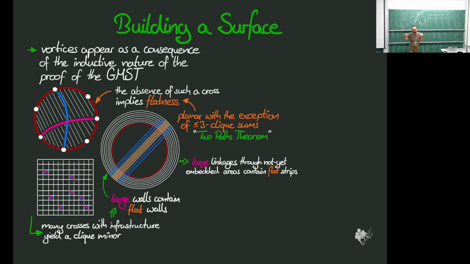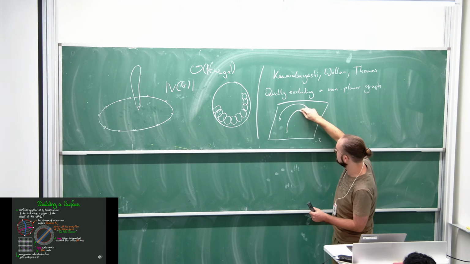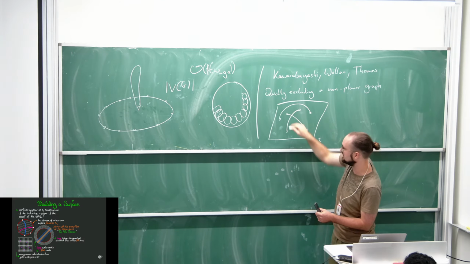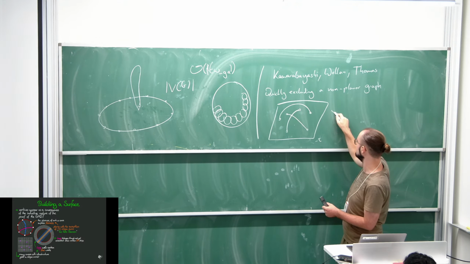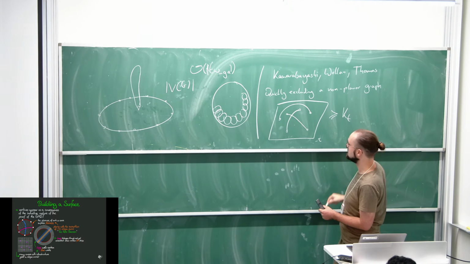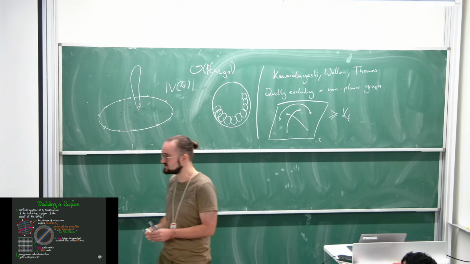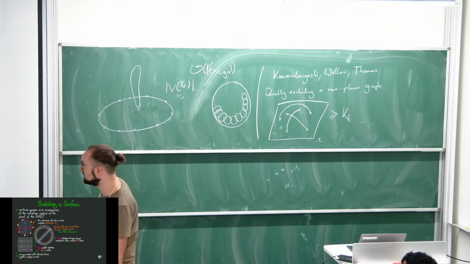So many spread out crosses allow me to build a clique minor. Similarly, if I have a grid where I have many disjoint paths that jump far in my grid, then I can also build a clique minor. So these two situations cannot happen if I exclude a clique.